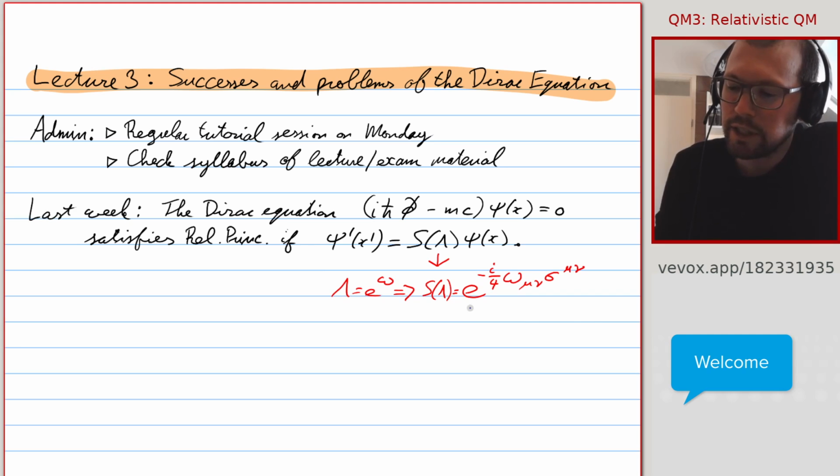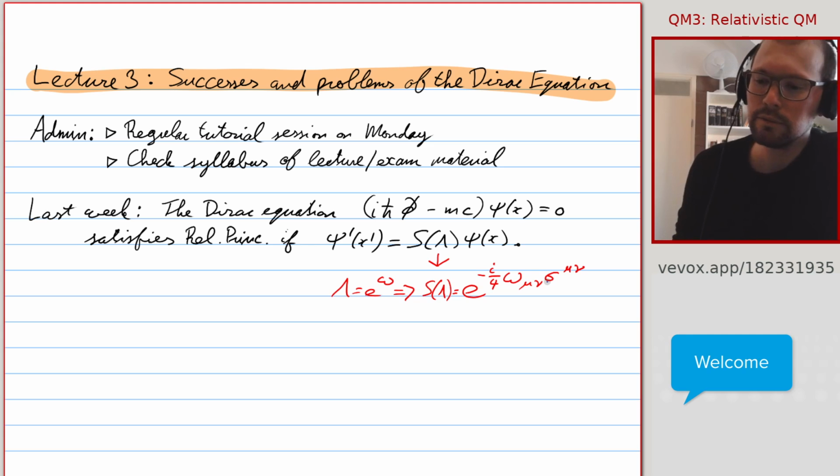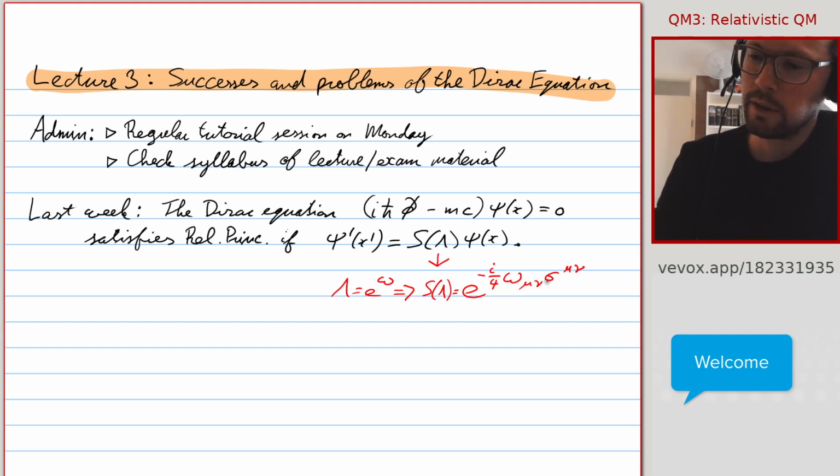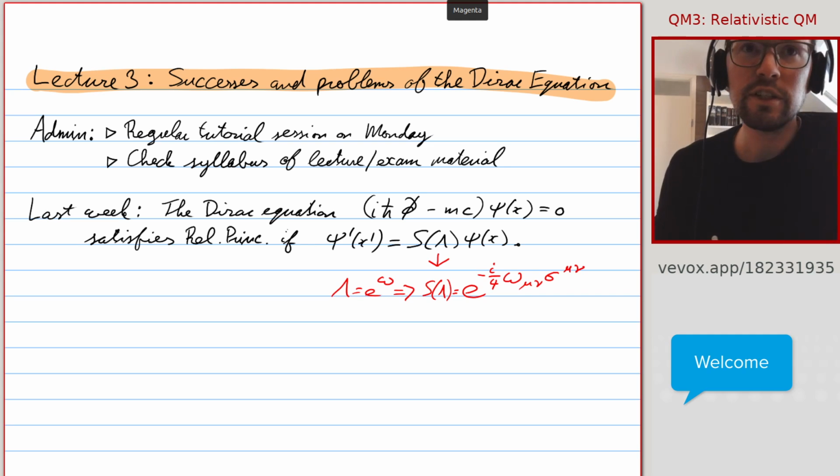And then similarly, we can obtain the transformation of the spinor from composing many small transformations on your spinor. Okay, so are there any questions about this last week material?